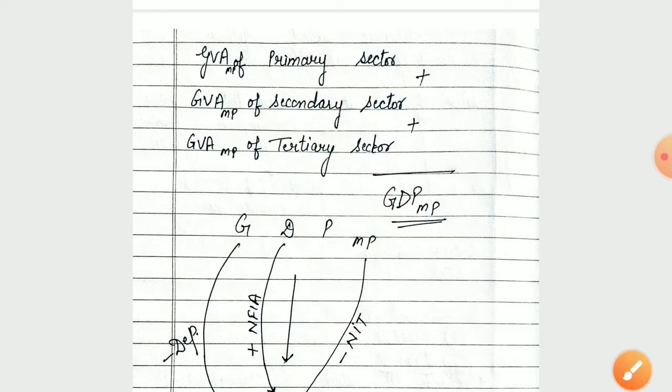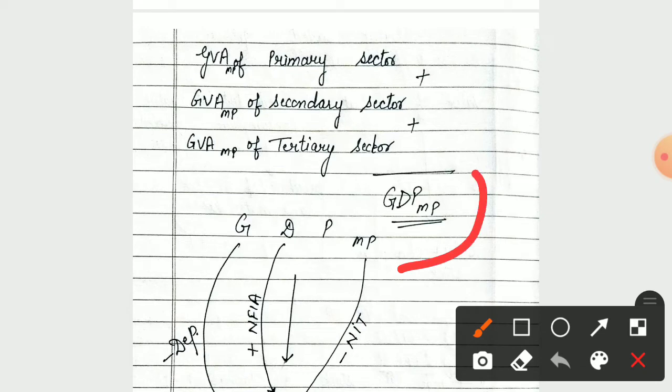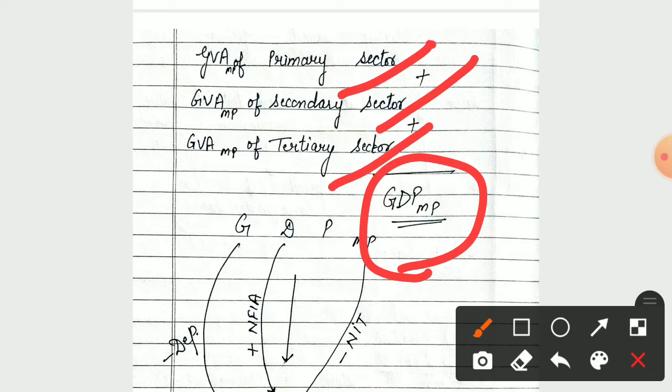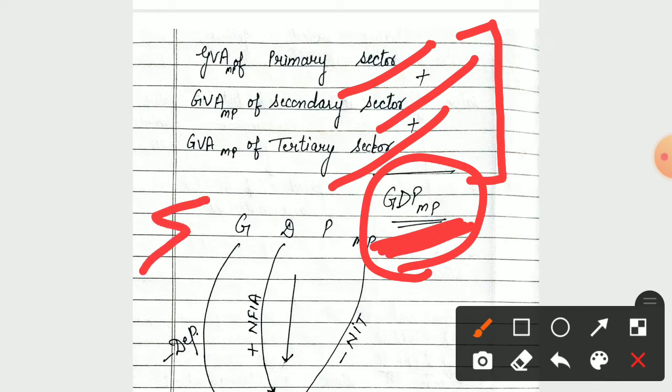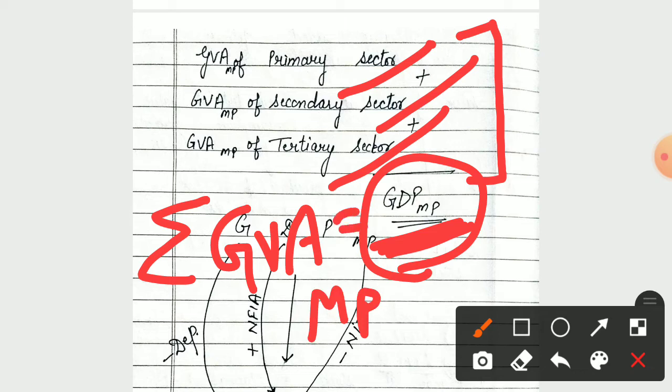GDP at MP will be determined with the help of GVA at MP of primary sector, secondary sector and tertiary sector. When you add all three sectors, you will get GDP at MP. So summation of GVA at MP is equal to GDP at MP.